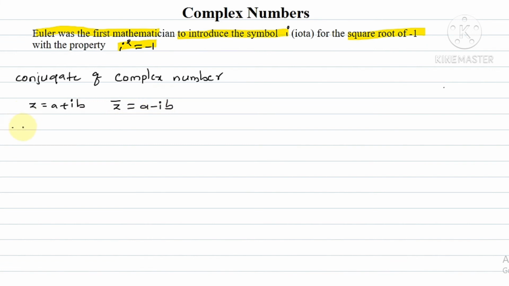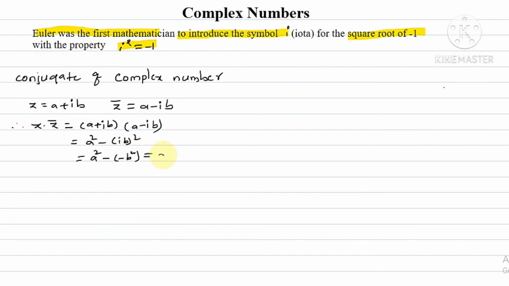So with this I want to discuss z into z bar. I want to write z into z bar. Actually, what is the z value? Z value is a plus iota b, into z bar value, which is a minus iota b. If you multiply, this is a plus iota b into a minus iota b, that is nothing but a square minus iota square b square, which implies a square minus iota square, whose value is minus 1, so that will be plus b square.